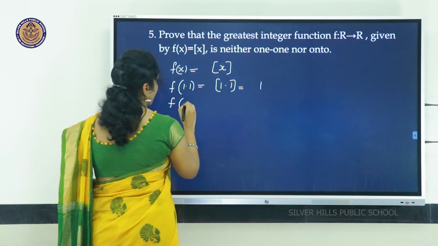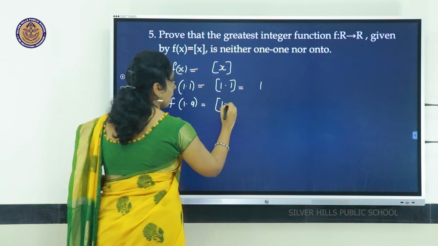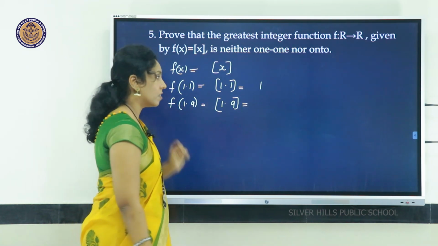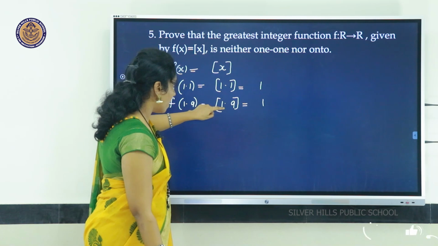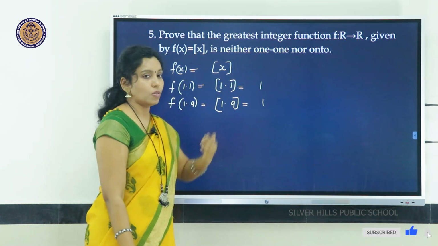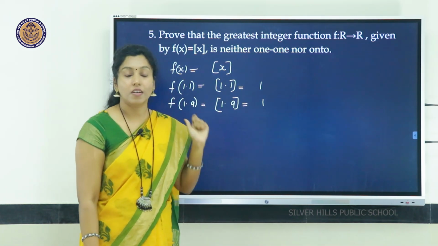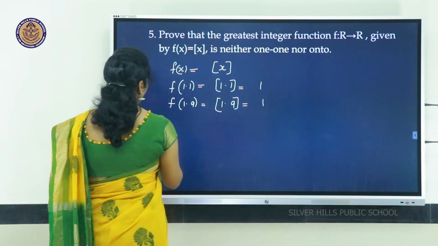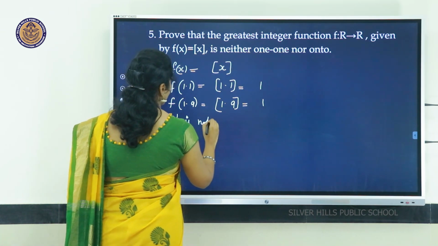Same way, f of 1.9, greatest integer of 1.9, and the answer is 1. So, look at this, my x1 and x2 are different, but the function values are the same. Many goes to 1. So, the given function is not 1-1. Therefore, f is not 1-1.